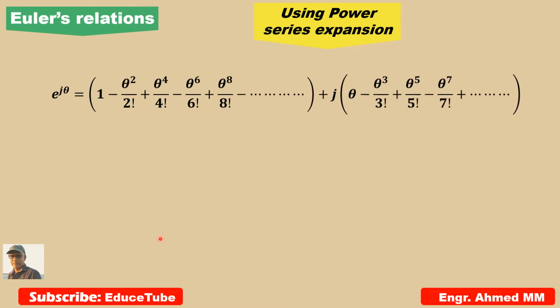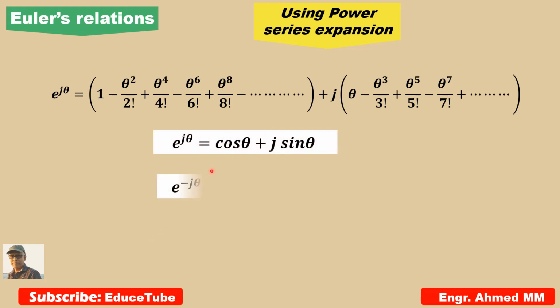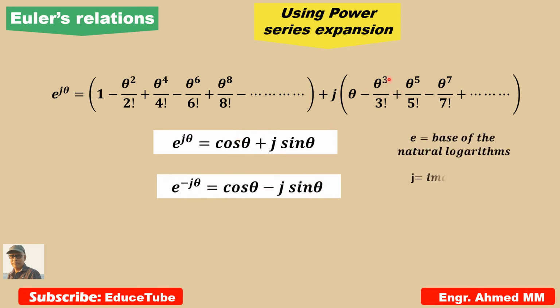This even number power series is nothing but cos theta, and this one with odd powers is sin theta, and there is a j. And already we know e to the power j theta, this is Euler's relation.